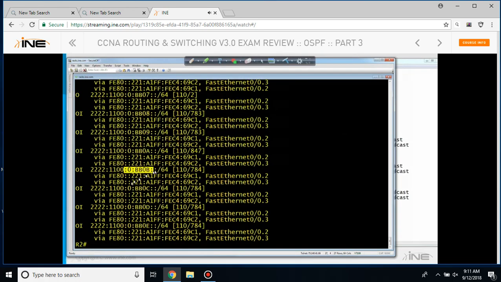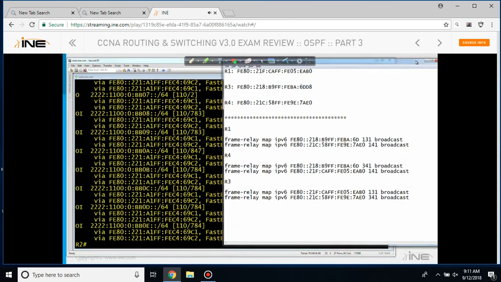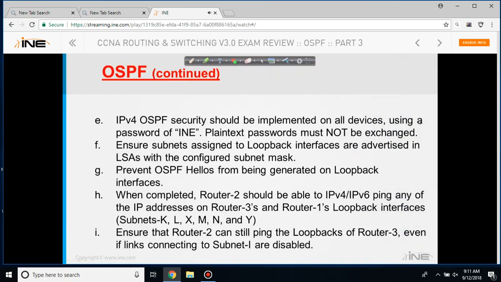And here they are, 0B and 0C. And D and E are the loopbacks on router 1. And there they are. Okay. So far we've completed through H. Do you have any questions before I take a look at task I on this slide?